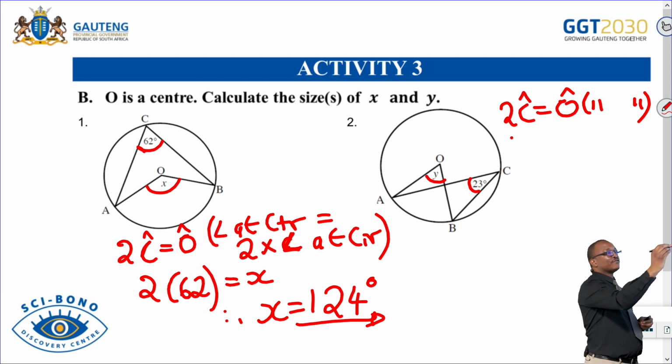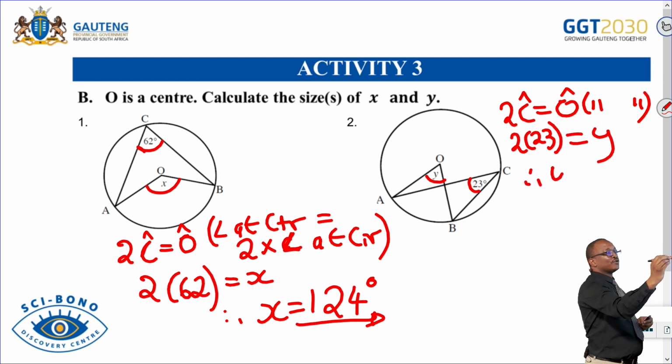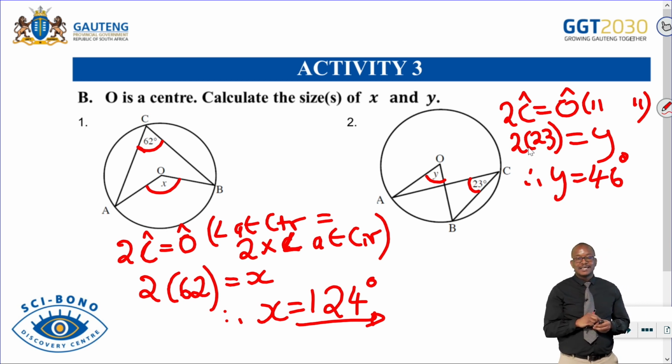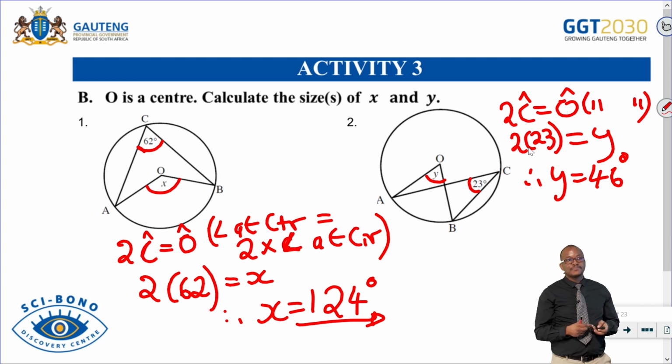Then now we're going to have 2 of 23 degrees, it's equal to y. Therefore, your y is going to be 46 degrees. So that's how basically we calculate this type of angles. Remember, sometimes they can give you the angle at the circumference and ask you for the angle at center, or they give you the angle at center and ask what is the angle at the circumference.